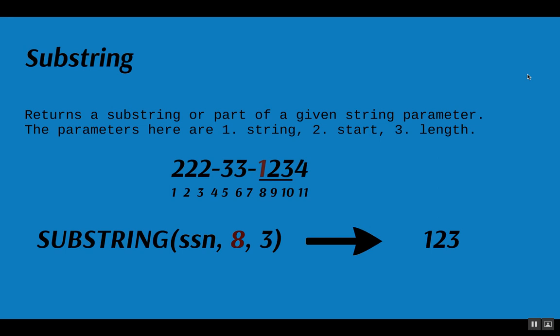First parameter, the string to be searched, then the starting position, 8, and then the length of characters returned, 3. So we start at the 8th character, and that includes the dashes as characters, and then we're going to return 3 characters in length to give us the 1, 2, 3.